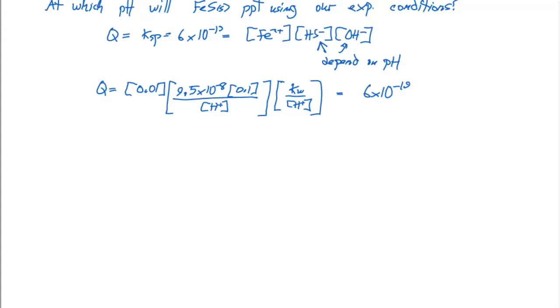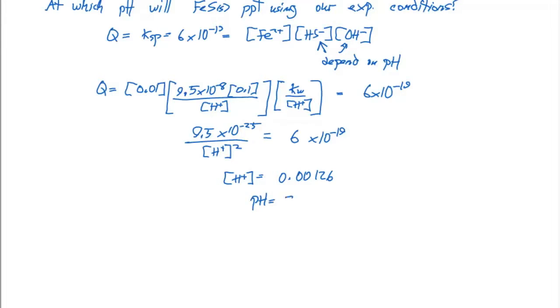So in this particular expression, if we multiply everything out, we're going to get 9.5 times 10 to the minus 25 divided by the H plus concentration squared is going to equal 6 times 10 to the minus 19th. If we do the algebra and solve for the H plus concentration, this is going to give us 0.00126. If we take the negative log of that, we can get the pH, which is going to end up to be roughly 2.9.